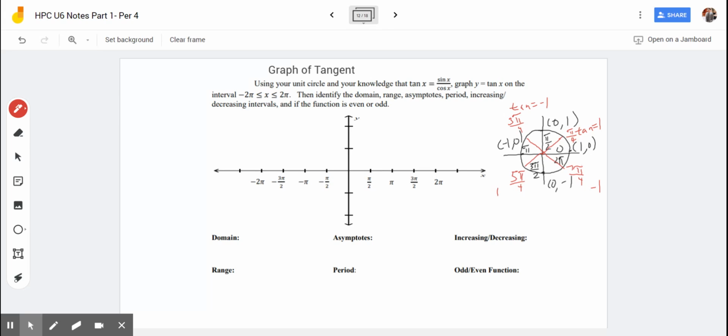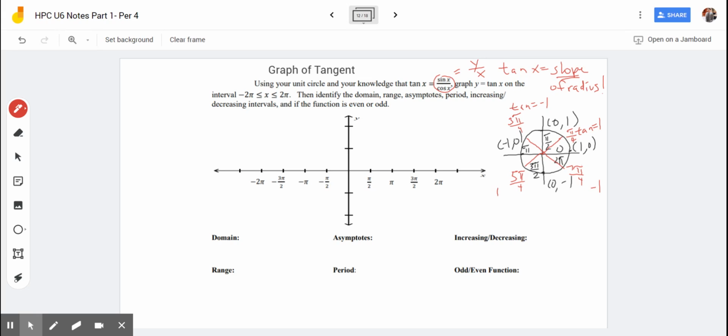And at 0 radians, if we do sine over cosine, so remember sine over cosine, this is y over x. Okay, so the unit circle values, and I talked about this before, tan of x is the same as the slope of the radius.